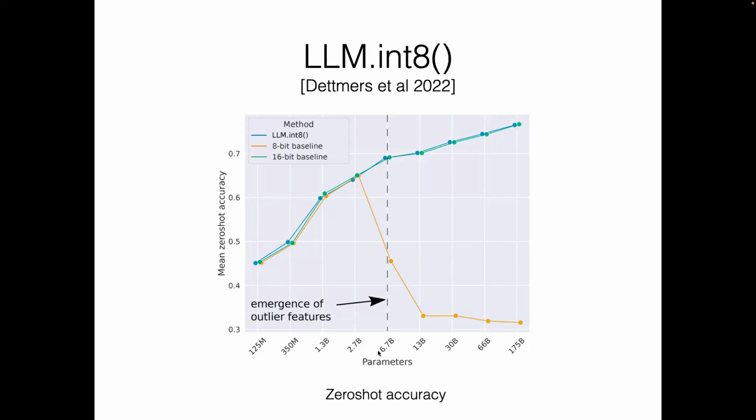And then right when you hit 6 billion parameters, it's not working too well. So they found that these outliers were really occurring in the large models. And after you use their method, which splits apart the computations, now you can do pretty much just as well as the 16-bit model.